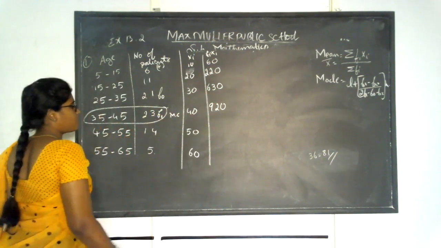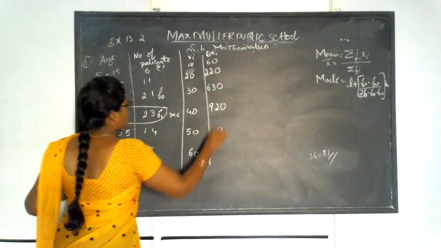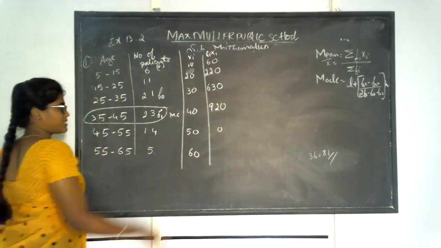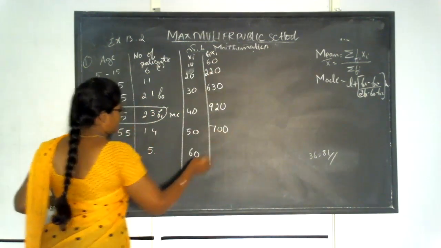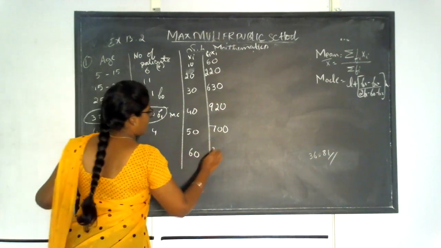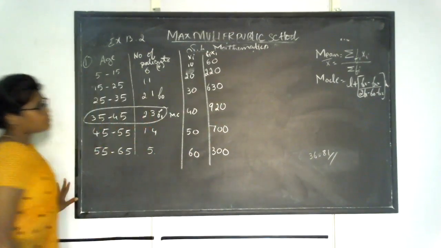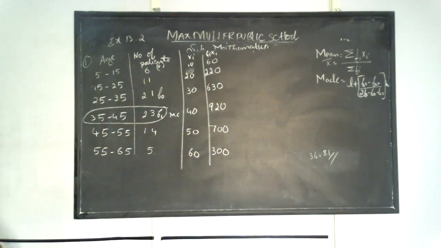Then 5 fours are 20. 5 ones are 5. 6, 7. 700. Then you have 300. Correct? Check your answers. It is 60. Next, 220, 630, 920, 700 and 300.